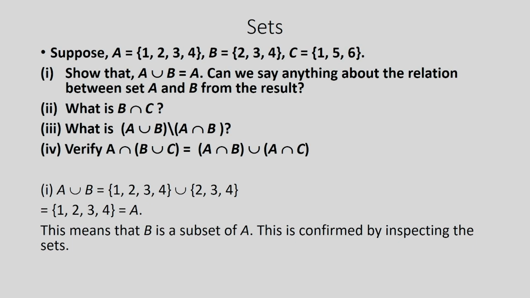The third is, what is A union B minus A intersection B? And the fourth one is, verify that A intersection B union C is equal to A intersection B union A intersection C. Okay, so let us start with the first one.